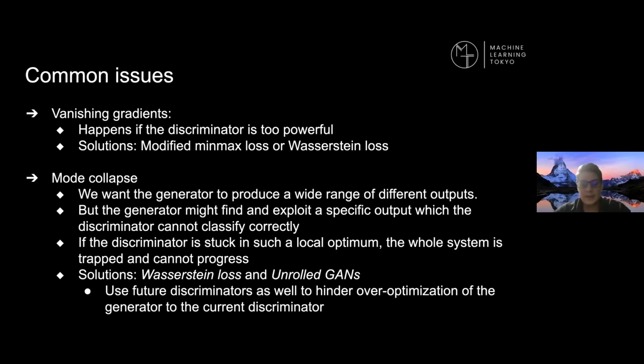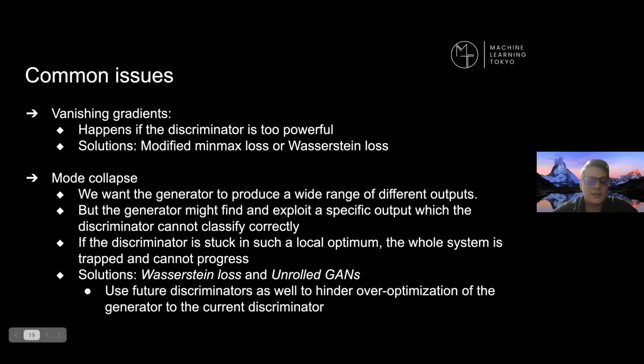If the discriminator cannot learn and is stuck in this local optimum, the whole system gets trapped and cannot progress, because the generator just proposes data samples which trick the discriminator. We don't want that, because we're not interested in few solutions; we want a generator which can produce a wide range of different outputs.